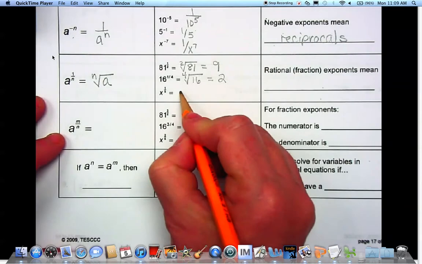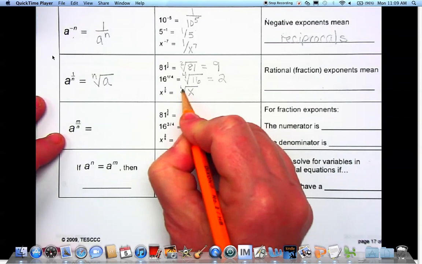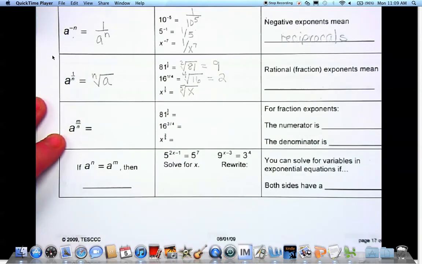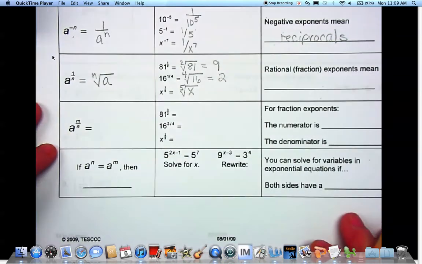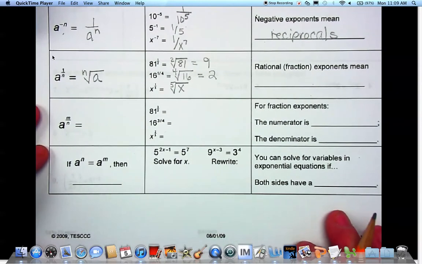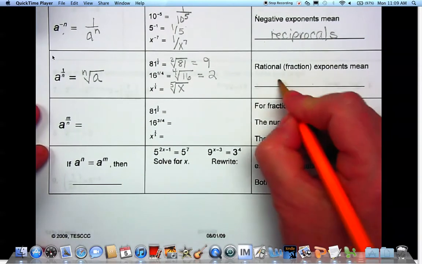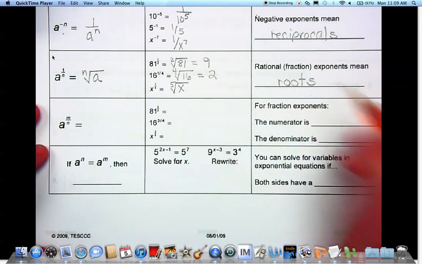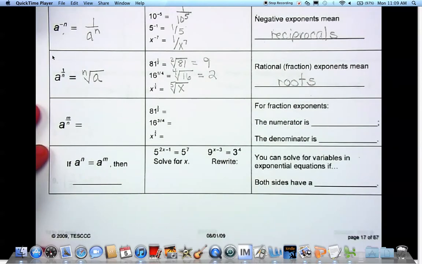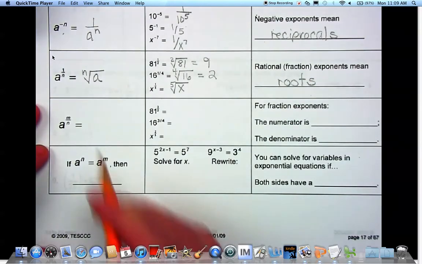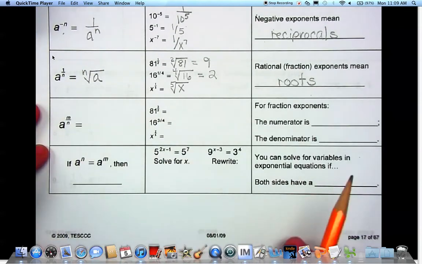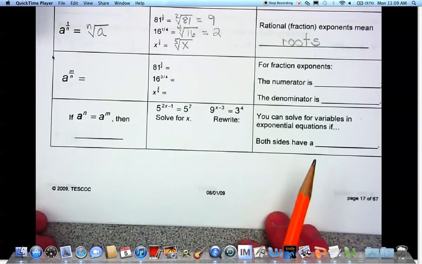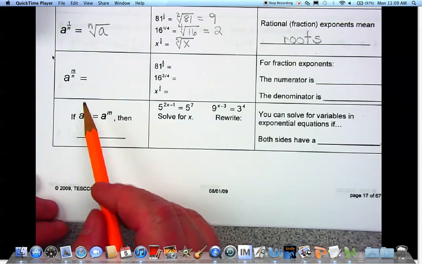This would be the what root? 5th root, and we don't know what that is because we don't know what x is. Okay? Rational exponents mean roots, or fractional exponents mean roots. So you know if there's a fraction for the exponent, you're going to have a root. Some kind of square root, 3rd root, something like that.